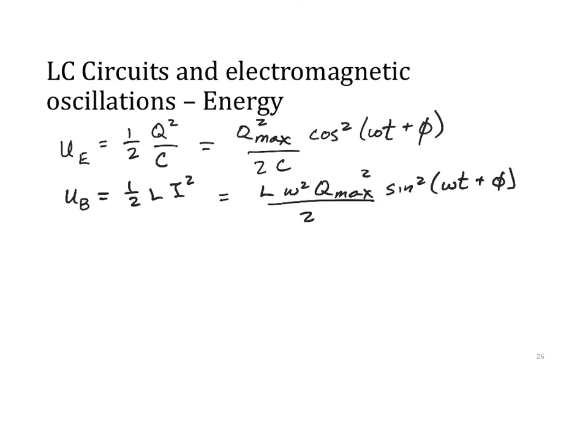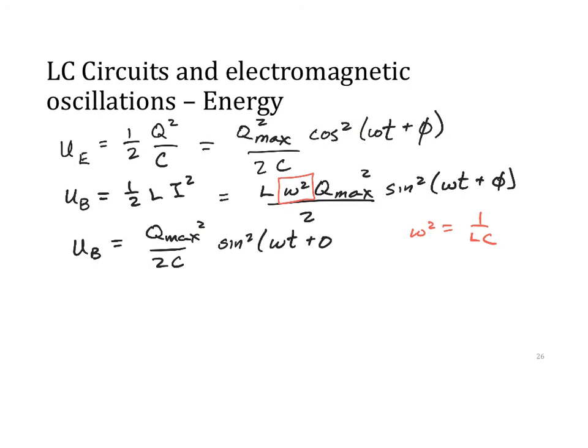Because we have the relationship that, and I'll write this in red, omega squared equals 1 over LC, we can put that in right here, and we'll cancel out an L. So that gets our energy equation for the energy that's stored in the magnetic field at any given time to be related to Qmax squared over 2C. So that's looking like the energy in the electric field a little bit, except now we have the sine function squared with the argument in that sine function being omega t plus phi.